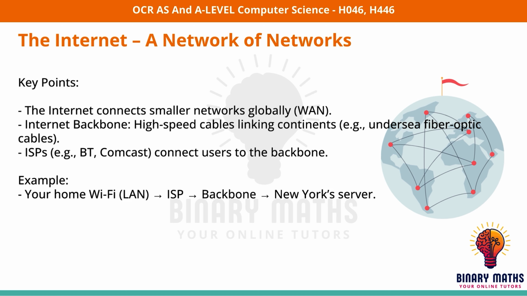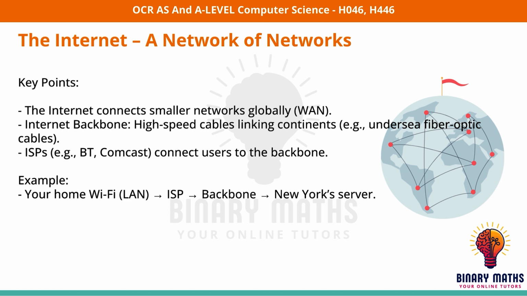For example, when you watch a TikTok video, the data races from TikTok's server, maybe in the United States, through the backbone to your ISP, then through your router, and finally to your phone. If the backbone is the M25, your ISP is a slip road that lets you join the traffic.